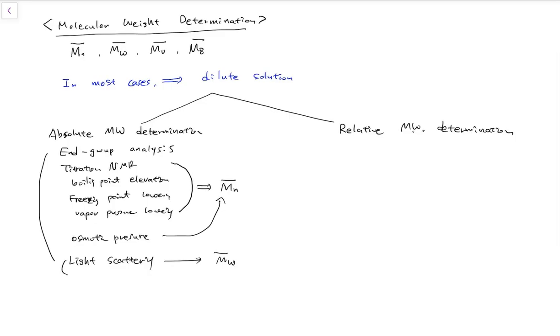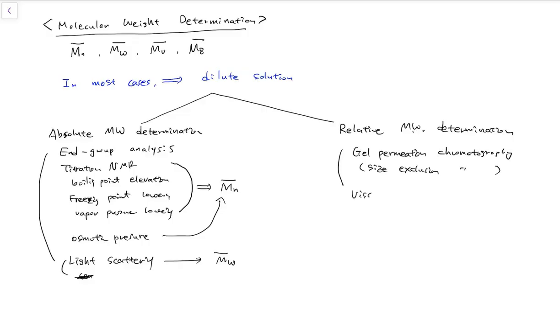Light scattering and centrifugation. Centrifugation is actually about Z average, but anyhow, let's remember this. These are the various types of absolute molecular weight determination methods. For relative methods, the first kind is gel permeation chromatography, or in other words, size exclusion chromatography.